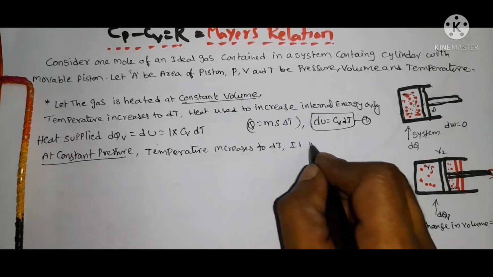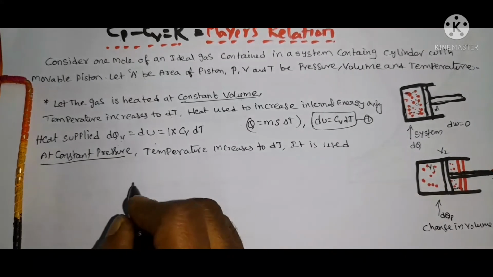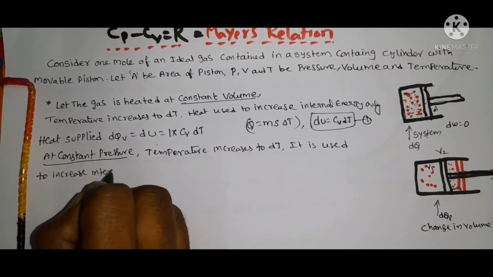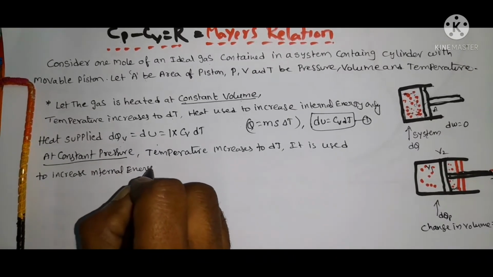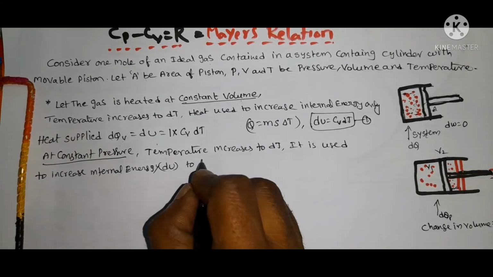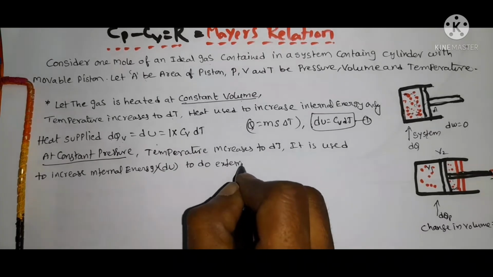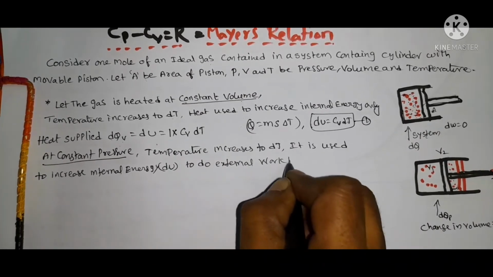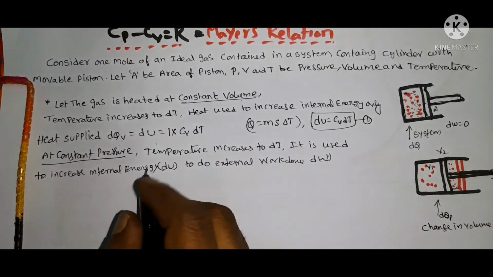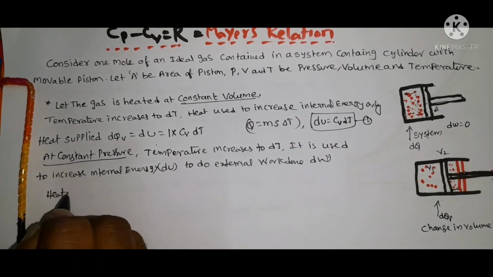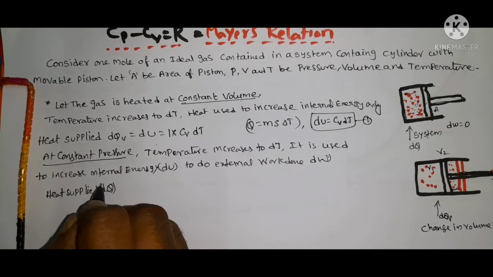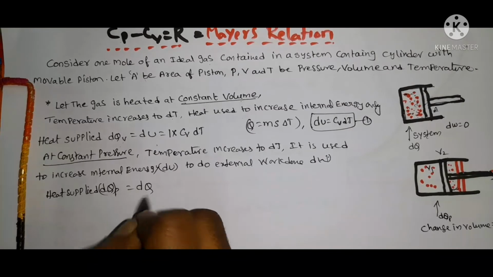It is used to increase internal energy dU, and to do external work done. So work done is dW. Now heat supplied, so dQ at a constant pressure, which is nothing but simply dQ.